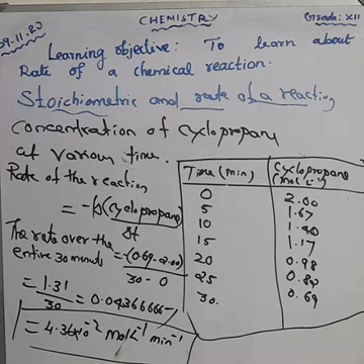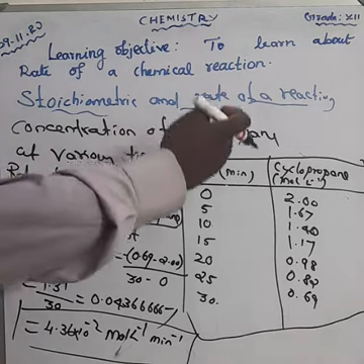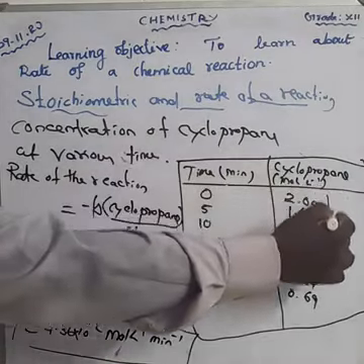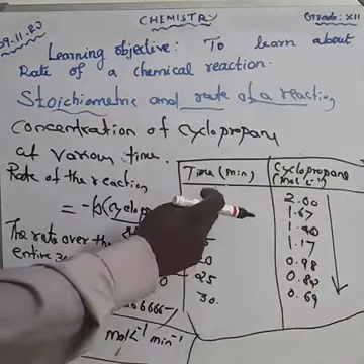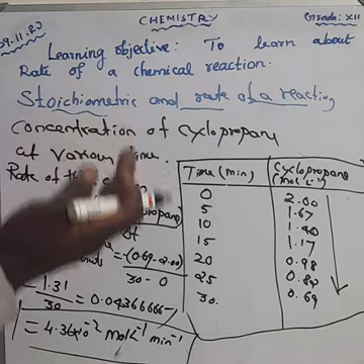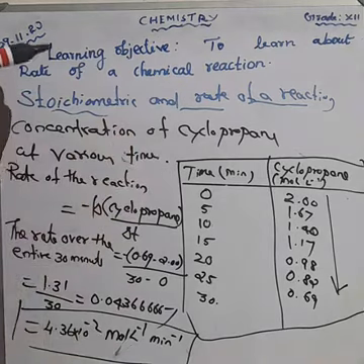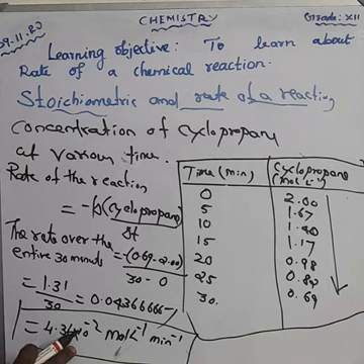It means that during the first 30 minutes of the reaction, the concentration of the reactant decreases at an average of 4.36 into 10 to the power minus 2 mole liter inverse minute inverse at each minute.